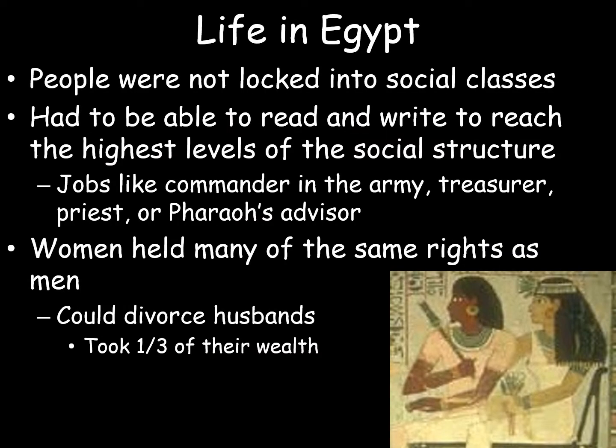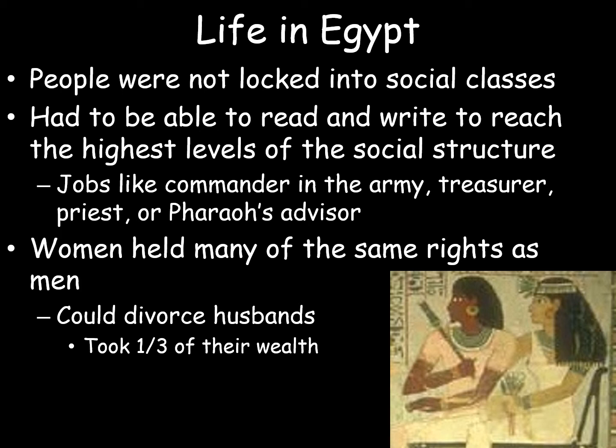So life in Egypt was kind of advanced for the time. People were not locked into social classes. People had to be able to read and write to reach the highest level of social structure. The jobs like commanders in the army, the treasurer, the priests, or the pharaoh's advisors were all sought after positions, obviously.